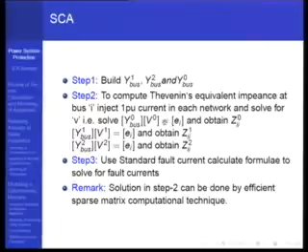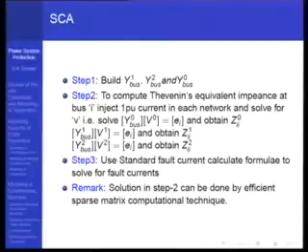I will do a sparse LU decomposition of Y bus 0, and then from that I will solve this and calculate the vector V, which is the corresponding ith column of the Z bus, and therefore its diagonal element will give me Z_ii and the other couplings.